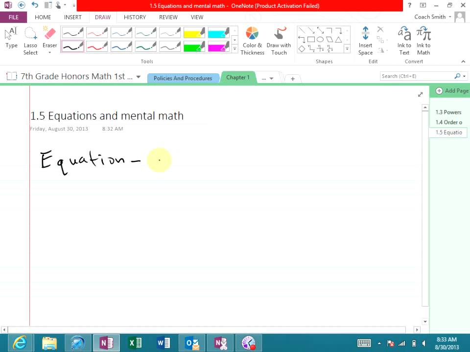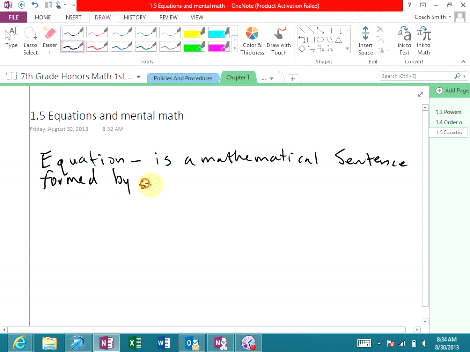Okay, an equation is a mathematical sentence formed by setting two expressions equal. Okay? By setting two expressions equal.